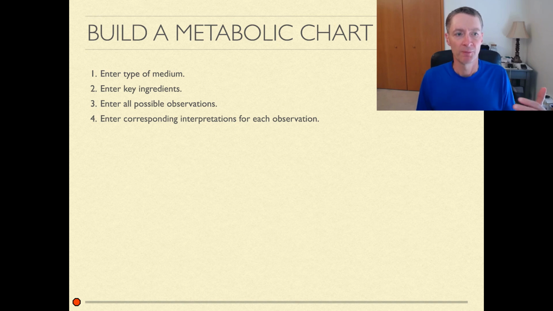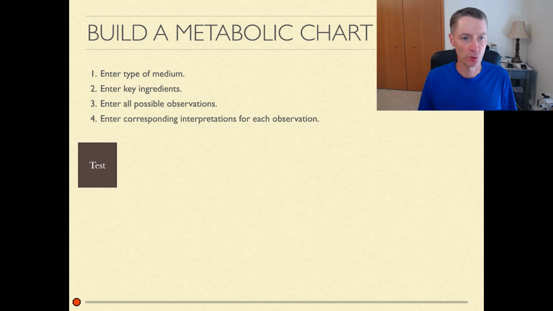You want to give the key ingredients of those particular media, the type of media that they are, all the possible observations that you might see when organisms are growing on that plate or tube or whatever. And then you want to enter the corresponding interpretations for each of those observations. So if you see one observation, what does it mean, in other words, for that last column?